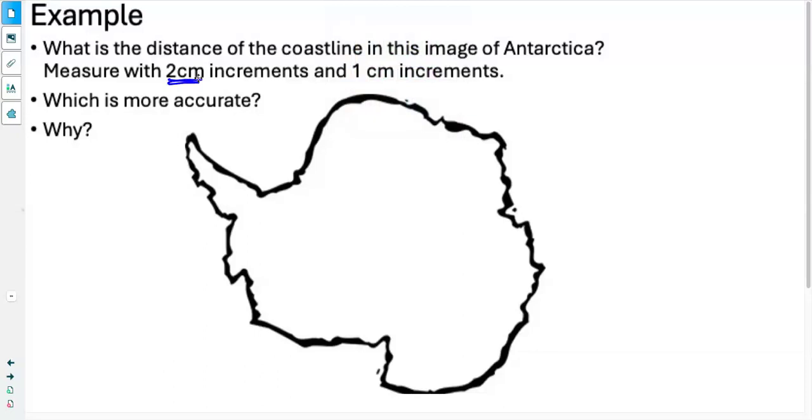So I'm going to grab a ruler and mark out, start in one place and work my way around, only drawing lines that are 2 centimeters long that go from one part of the map to another edge of the map.